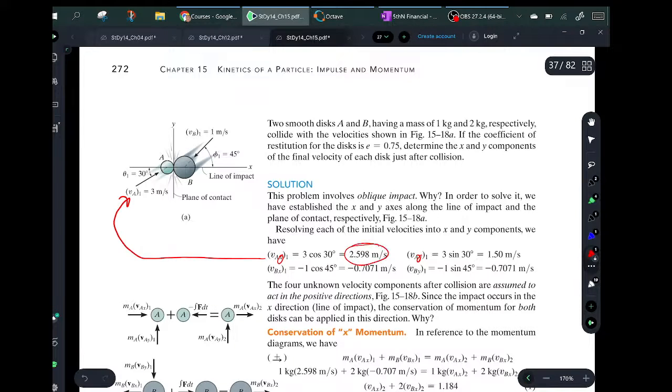Then he has a number and a number. He goes in, takes the VB, finds the X component and the Y component. And so he has two numbers here.